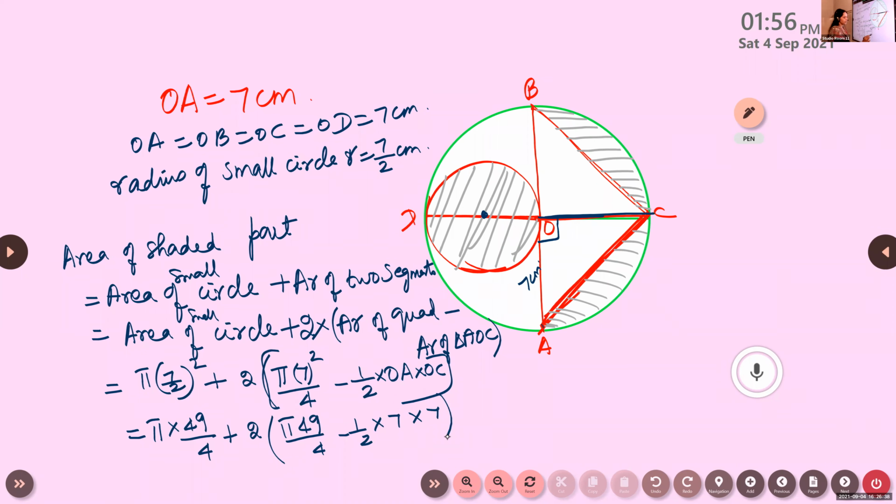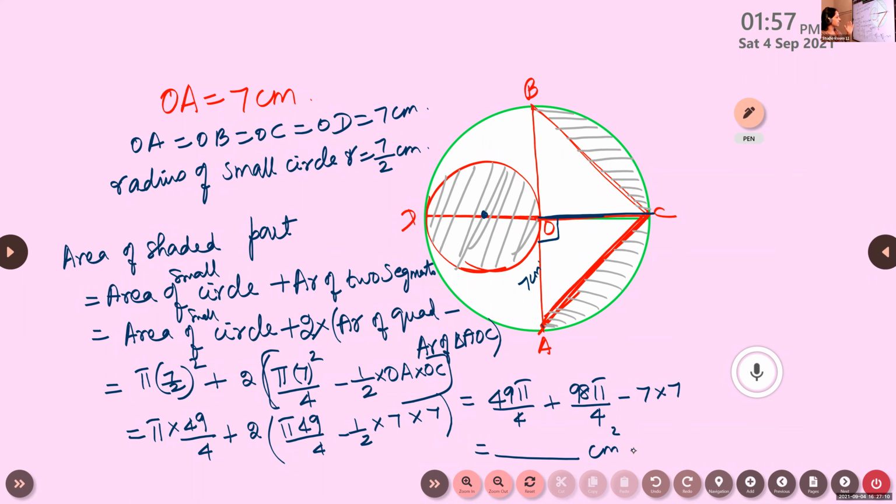Now simplify this: 49 pi by 4 plus 2 into, if you open the bracket, 98 pi by 4 minus 2 into 1 by 2, so it will become 1, 7 into 7. Simplify this and find the answer.